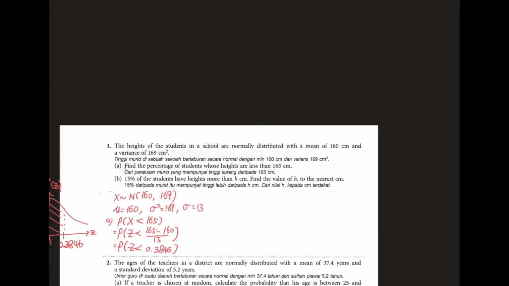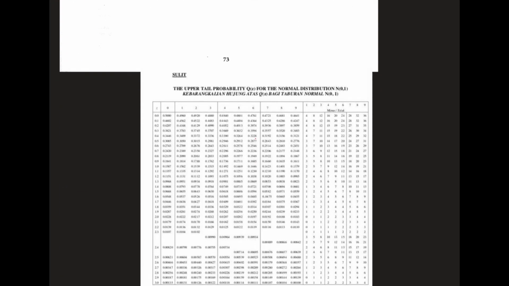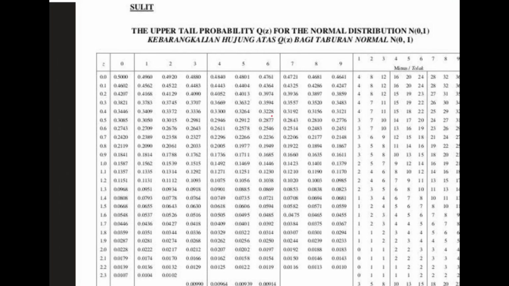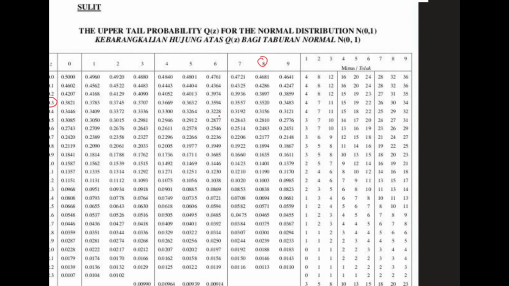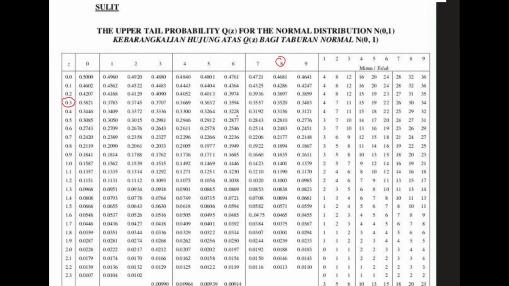Okay, so this is the table. Now our value just now, 0.3846, right? So we round off to 5, 0.385. And we read the values.